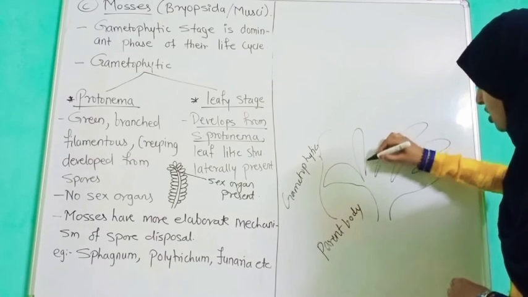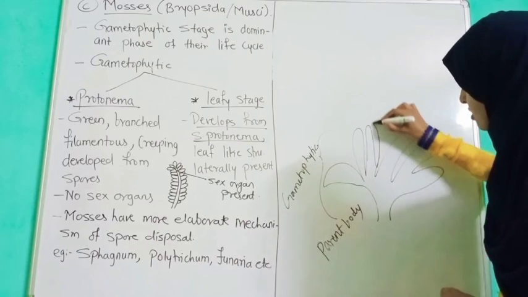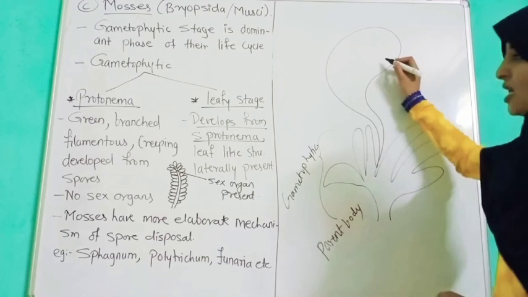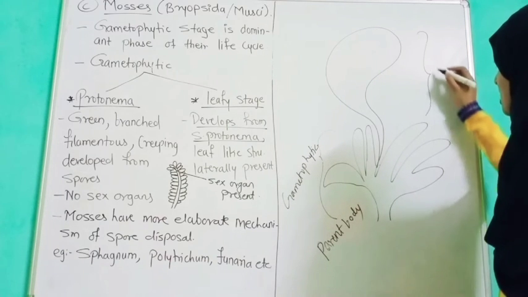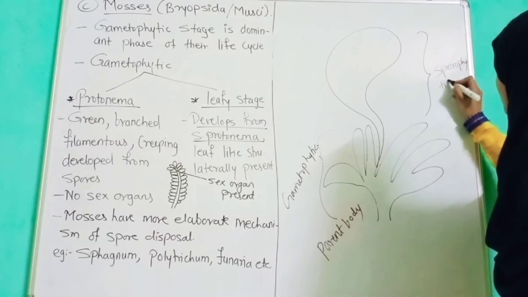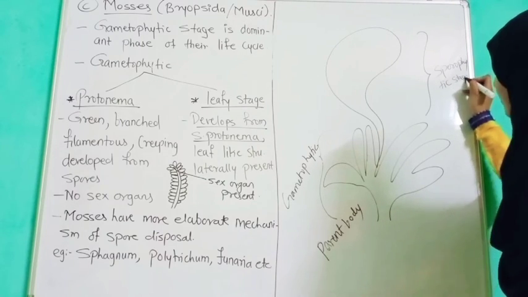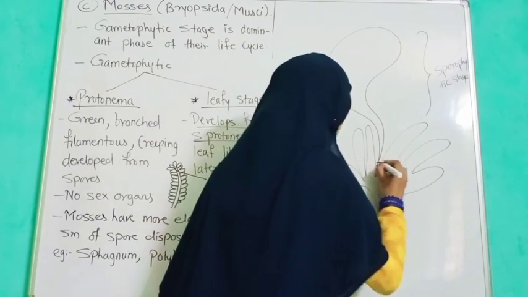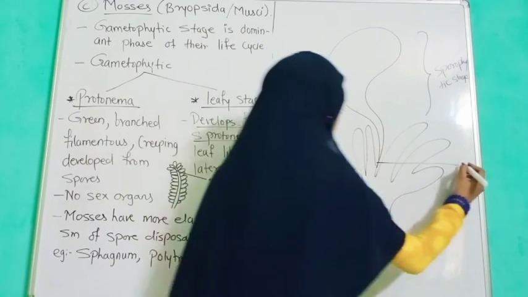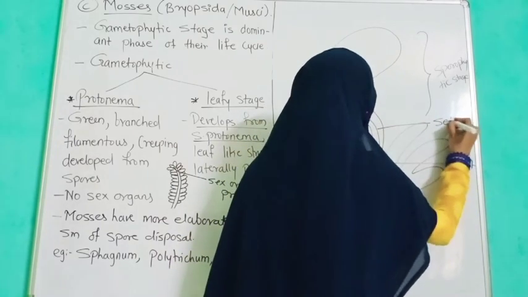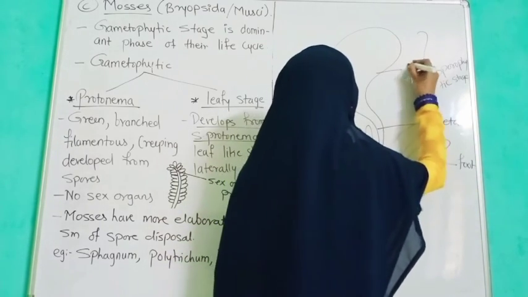Here we can see the structure. This stage is the sporophytic stage. Why? Because here you can see this is the foot, this is the seta, and this is the capsule region.